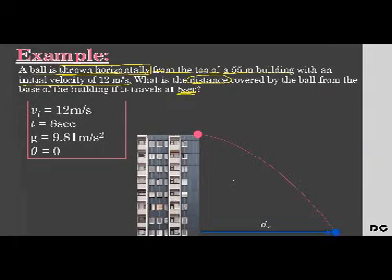I think I already explained this during the free fall motion: if the object is moving upward, then the gravity is negative, and if the object is moving downward, the gravity is positive. Since in this case the object is moving downward, gravity is positive. Okay? And angle theta is equal to 0.